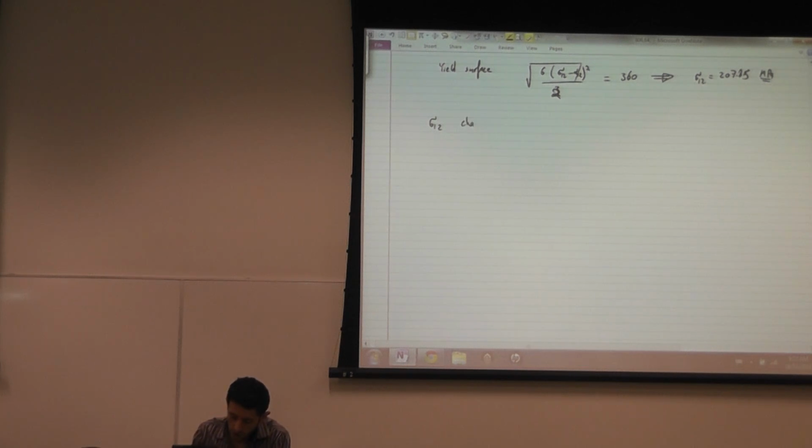Sigma 12 changes from 207.85 up to 300 with increments delta sigma 12. Accordingly, delta alpha ij will change as well.